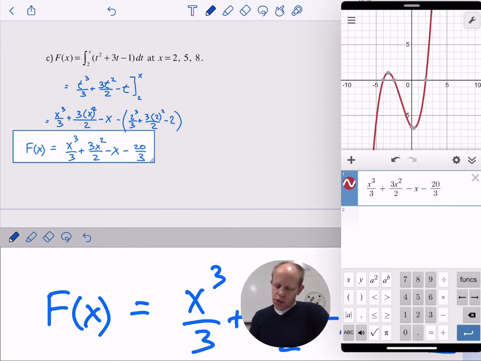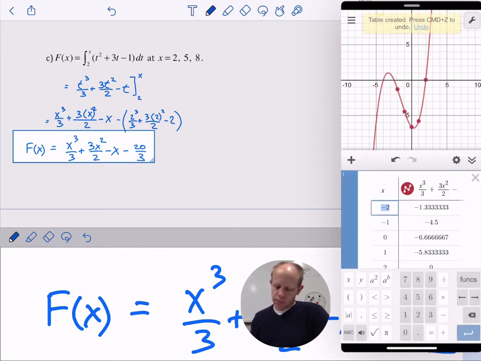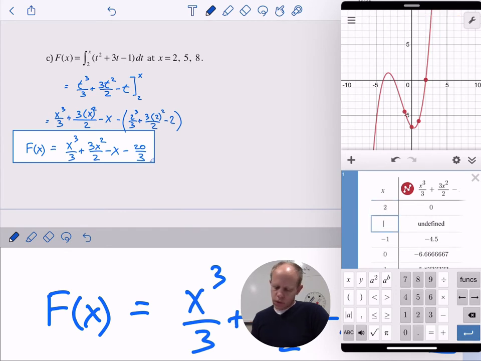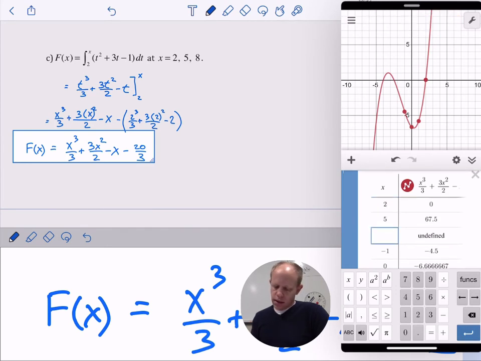And then I'm going to change this into a table. And now I can just put in the x values that I'm looking for. So I'm looking for 2, 5, and 8.